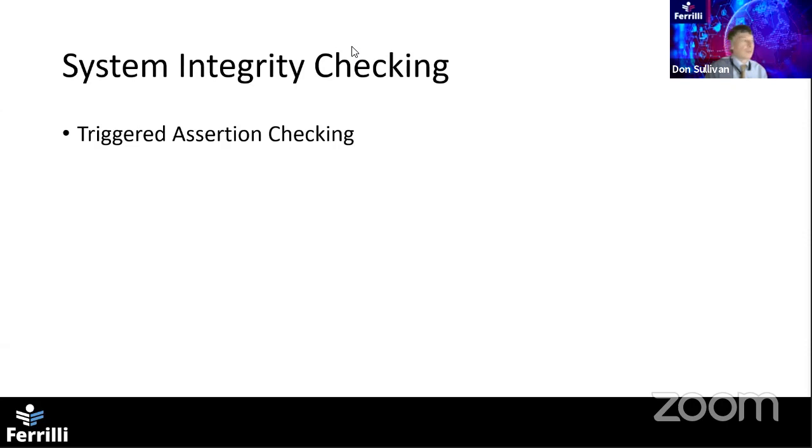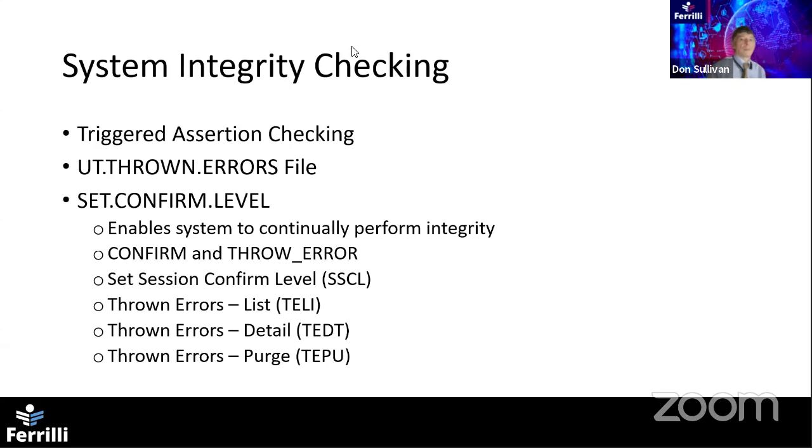Well, with the implementation of Envision and the CASE tool, there's code that's wrapped around all of the Envision processes that actually log errors. So they go into the UT thrown errors file, and that example that I showed you a little bit earlier on that screen is really just output from that file.